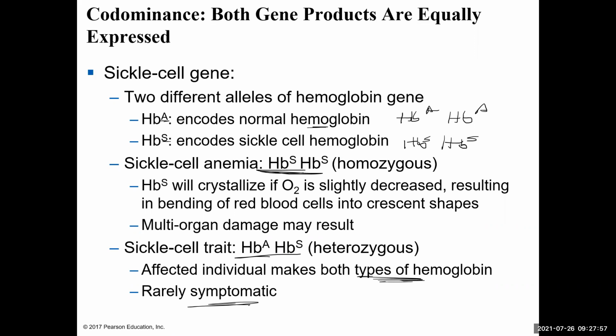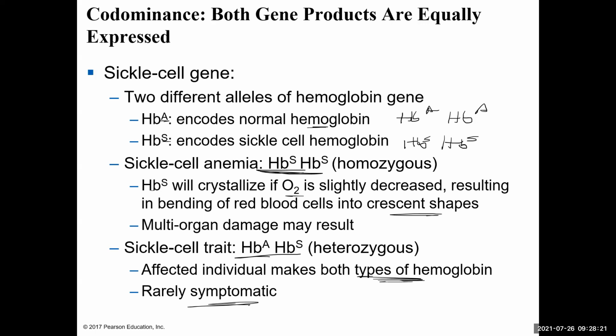If they are homozygous for sickle cell, then their blood cells actually crystallize if oxygen slightly decreases, causing the red blood cells to bend into those crescent shapes. And because all of their blood cells have that trait, they get significant side effects and symptoms.